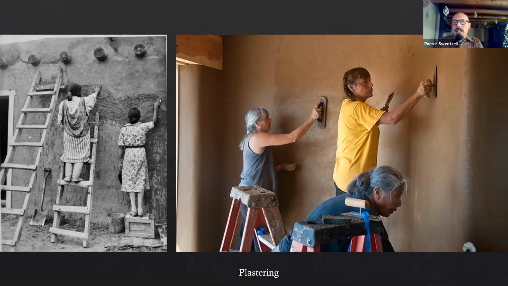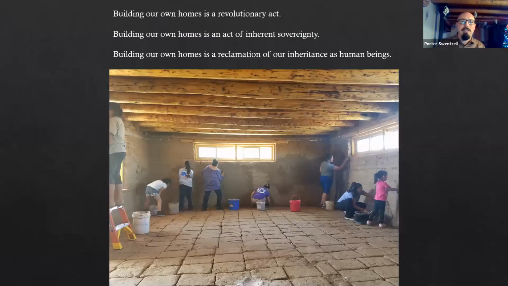So having the mud plaster and always having to re-engage with your house and enter into that, as I said, an intimate relationship with your house is really an important part of the process. It's not like you just built the house and now you're done with that. You're going to have to continue to work on it through the years.